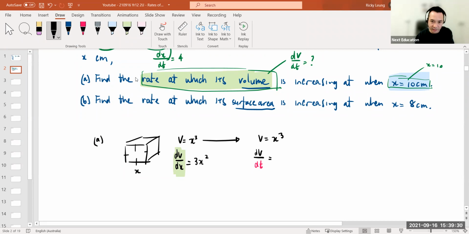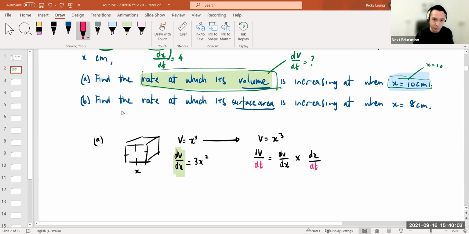To get dV/dt, I go dV/dt equals dV/dx, which is what I have, multiplied by dx/dt. I introduced the dx, I split the fraction, and theoretically it cancels out to give dV/dt, which is what I want in the question. Why did I do that?